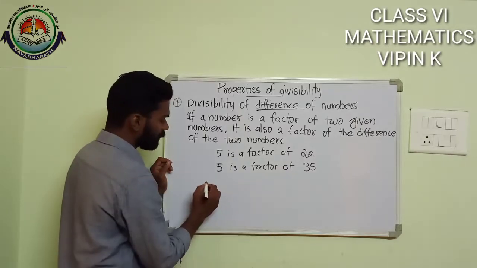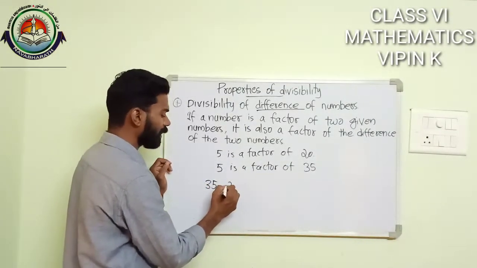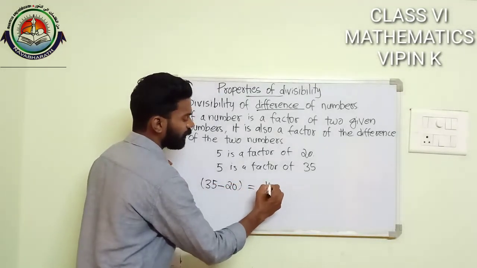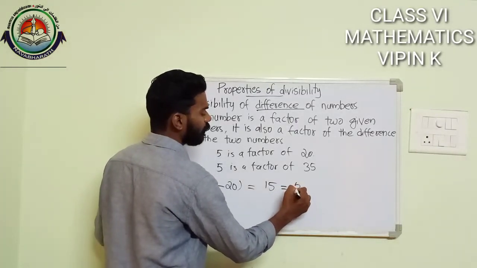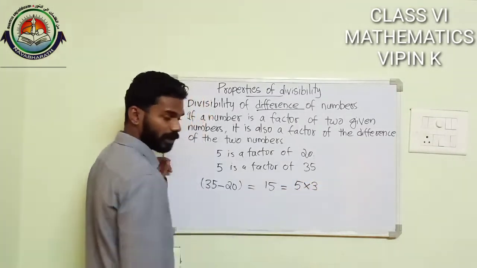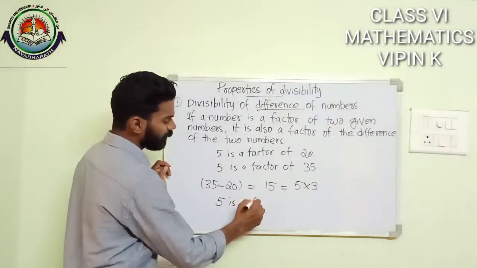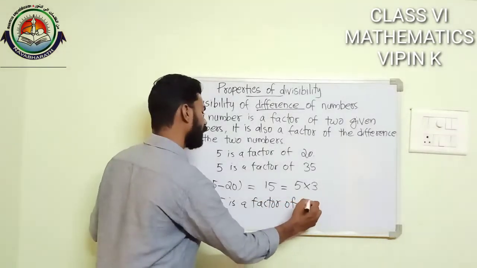What would be the difference? Greater minus smaller you can do. So 35 minus 20, which would be 15. And you know that 15 you can write as 5 into 3. Okay, so we can say that 5 is a factor of 15.